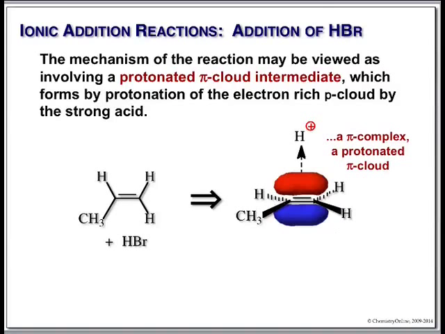This is the intermediate that most people don't talk about, but it only makes sense to mention it because this is how the reaction must start. Once we make this very, very fleeting intermediate, this is going to rearrange to give us carbocations.